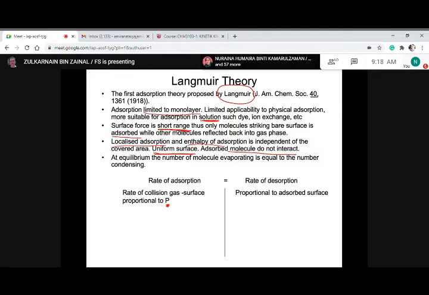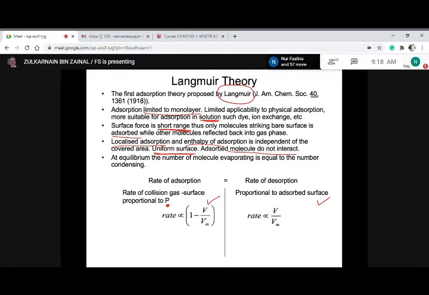So the more molecules adsorbed on the surface, the higher the rate of desorption. While the rate of adsorption will depend on the amount of empty surface.